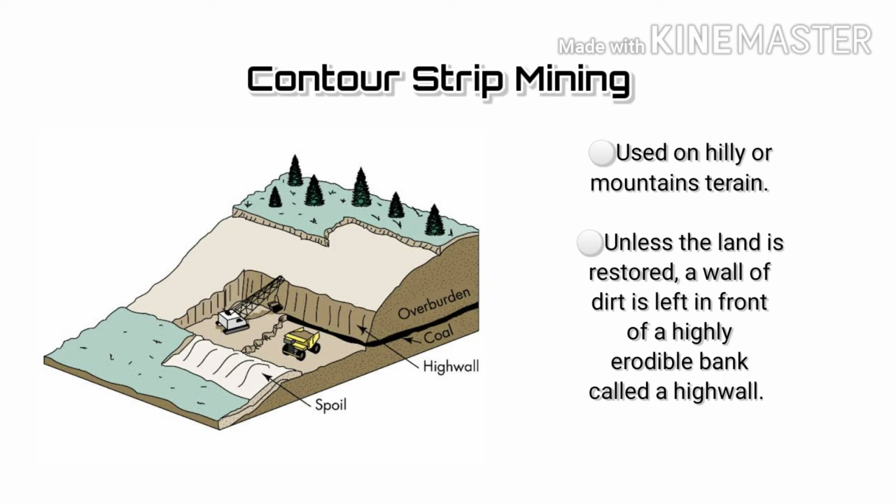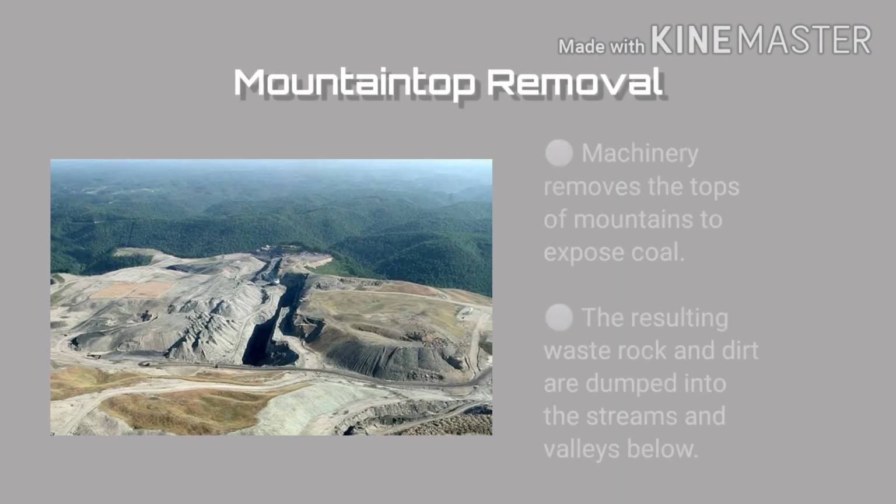Unless the land is restored, a wall of dirt is left in front of a highly erodible bank, called a highwall. Mountaintop removal: machinery removes the tops of mountains to expose coal. The resulting waste rock and dirt are dumped into the streams and valleys below.